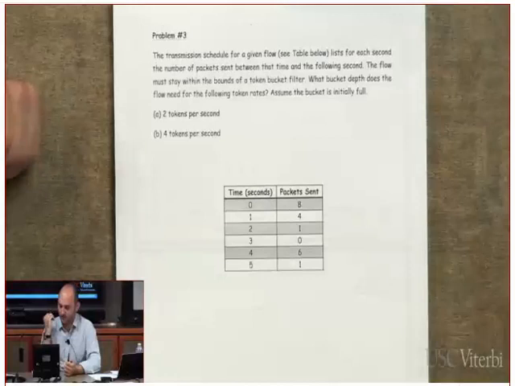We have 7 tokens, 6 packets, so 1 token left, and 0 packets. Okay, 1 packet in the next slot, 1 plus 4, 5 tokens, 4 tokens left, and 0 packets left. Do you agree?